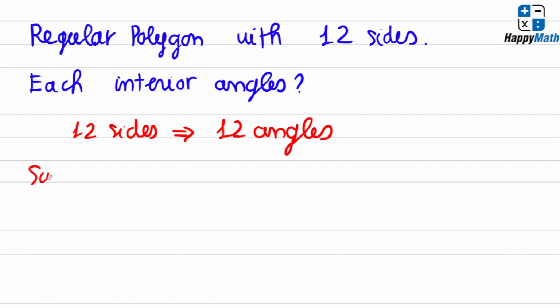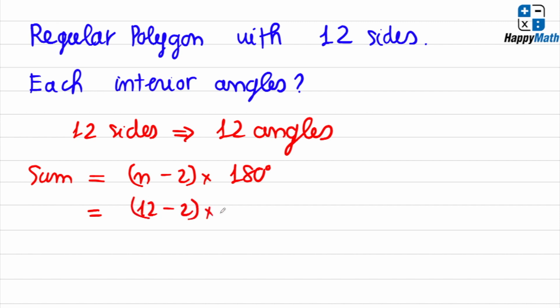So you want to find the sum of interior angles first. You take n minus 2 and then multiply by 180 degrees. So here is 12 minus 2 and then 180 degrees. So you got the sum of the interior angles.